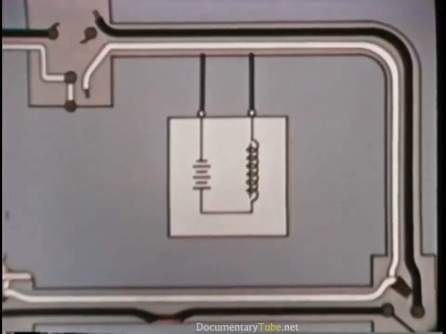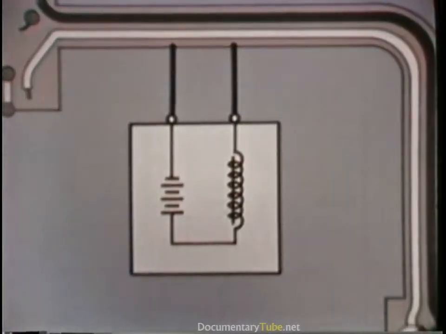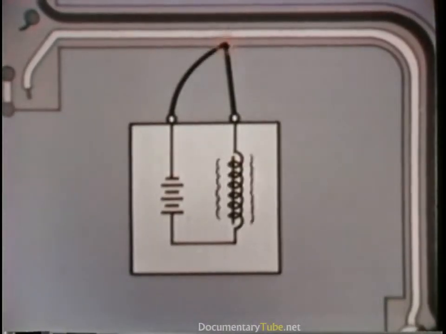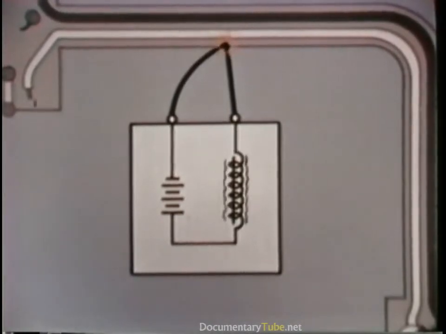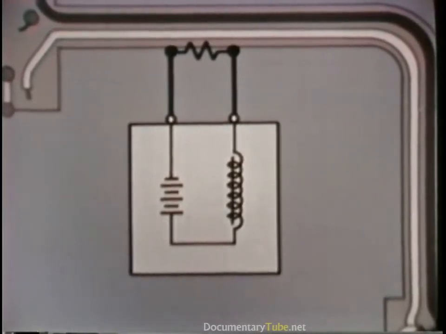This tester is simply a small door buzzer and a dry cell battery. When the two test leads are brought together, the current activates the buzzer and it makes a sound. Thus, when the leads are placed on a circuit under test, no sound means no continuity, while this sound means continuity.